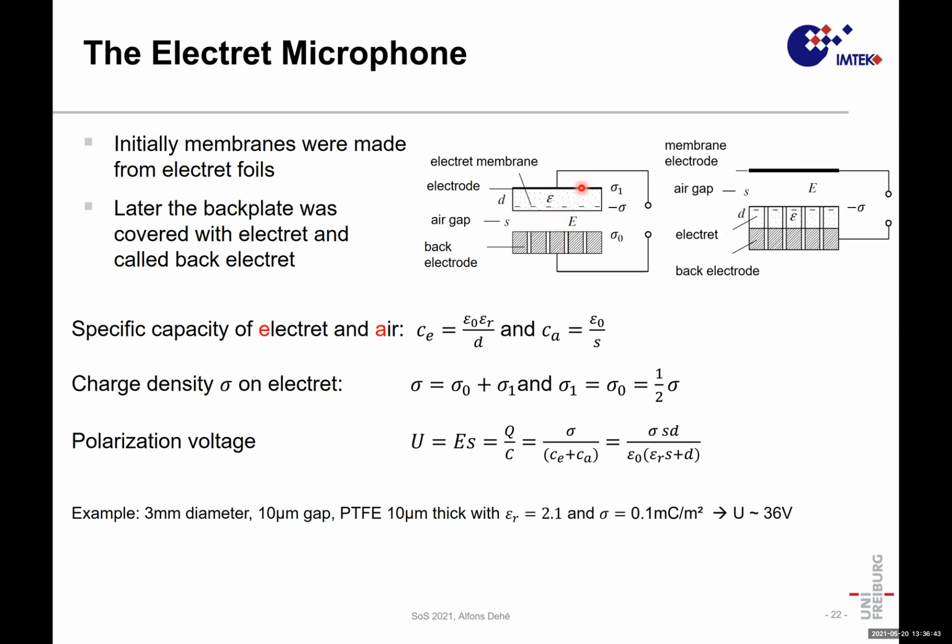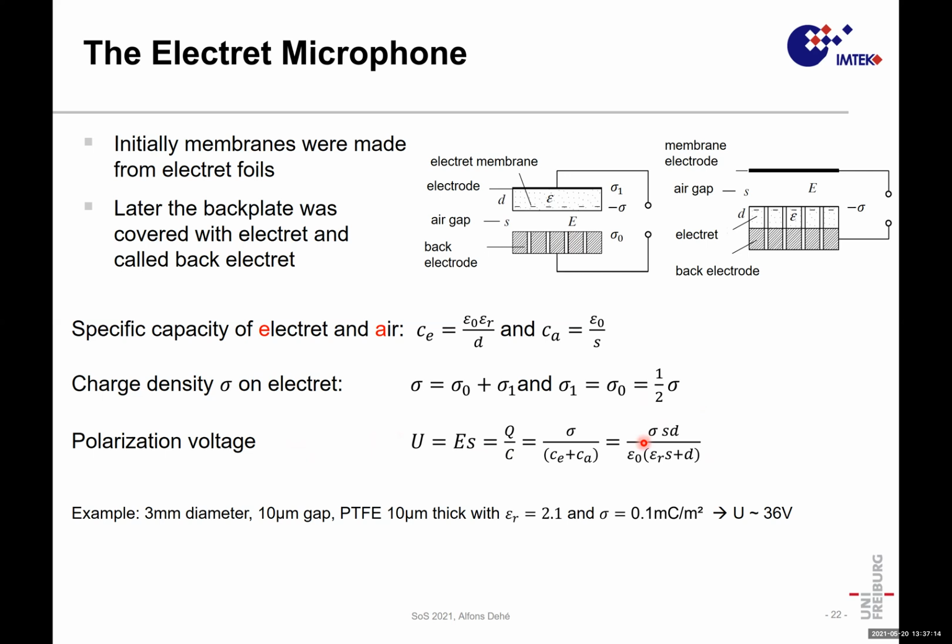The total charge is constant in the device, so we get basically the same charge on both of the electrodes. And from there, we can finally calculate back the polarization voltage, which is given to this device by electric field, which you get from the electrode and the distance of the gap. And you can calculate from there the specific voltage on my device.